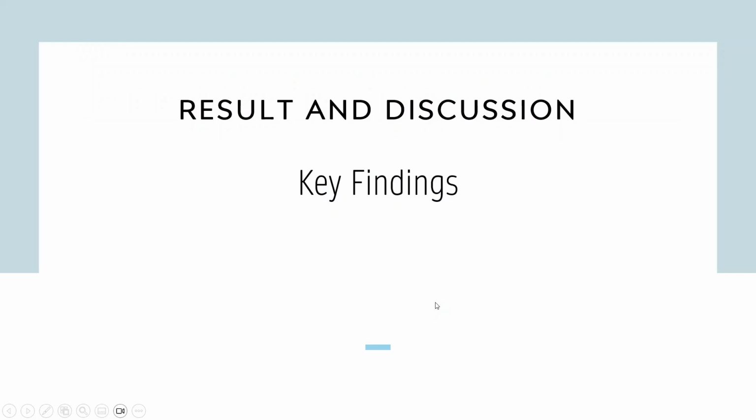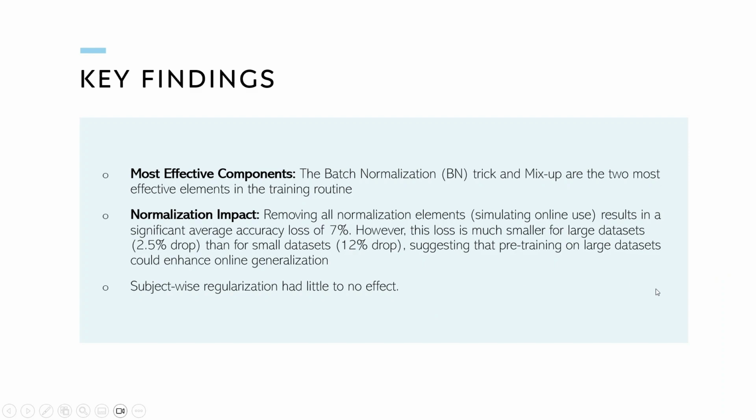The key finding of this paper is that the batch normalization trick and mixup are the two most effective elements in the training routine. Removing all normalization elements results in a significant average accuracy loss of 7%.